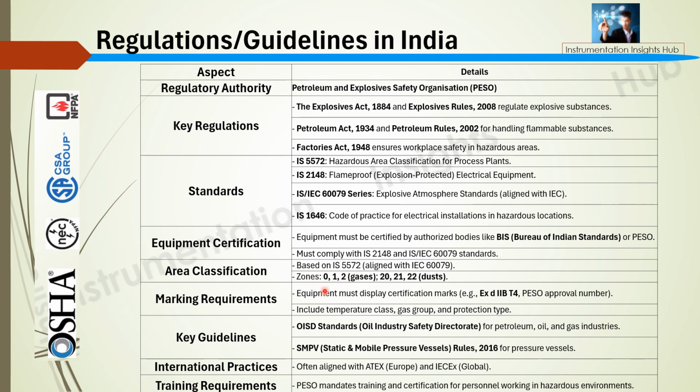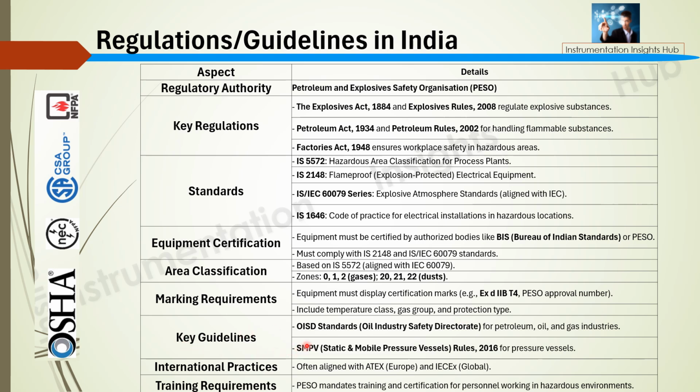I already told you zone-wise classification is derived from the IEC itself, which was initially derived from ATEX, the European Union directive, right? Marking requirement: equipment must display the certification marks. Example: Ex d, that is explosion proof, IIB T4, PESO approval number, including temperature class.